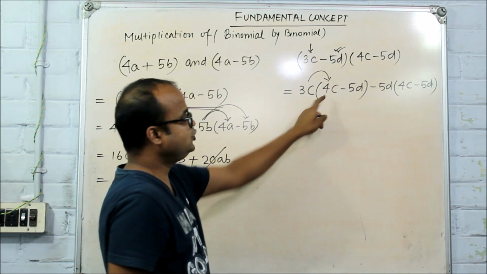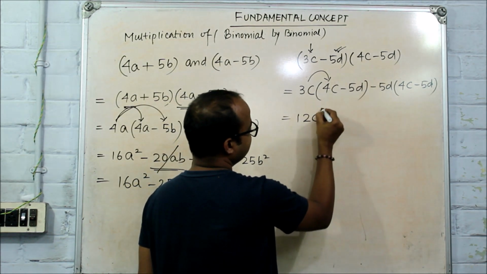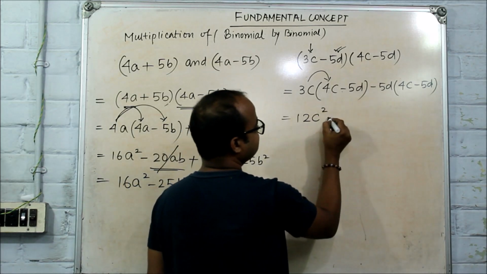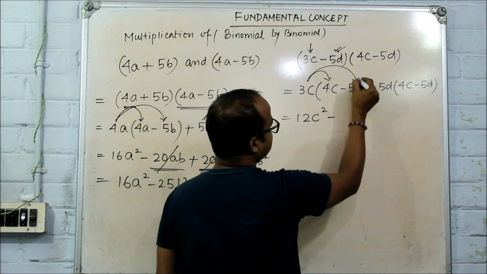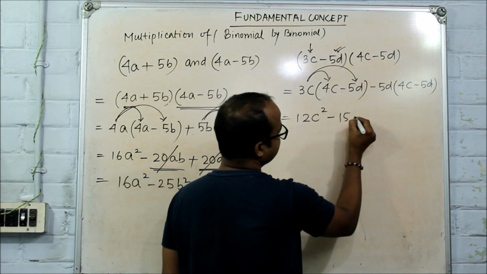3 4s are 12, c into c, c square, plus into minus, 3c into 5d, 3 into 5, 15 cd.